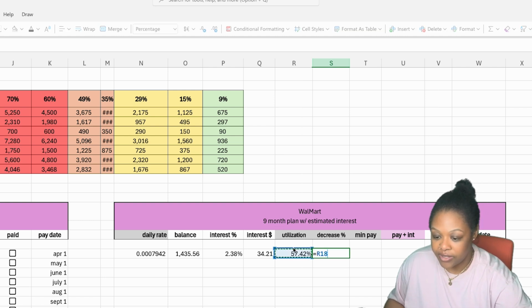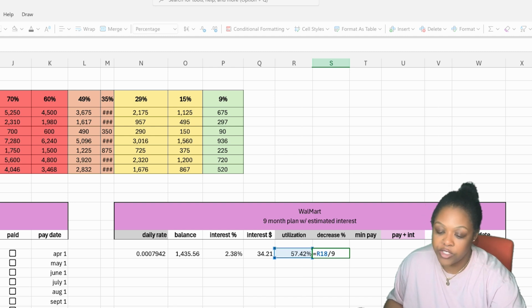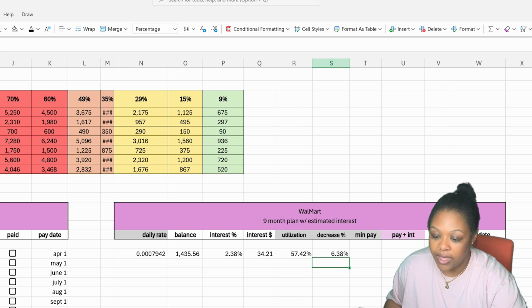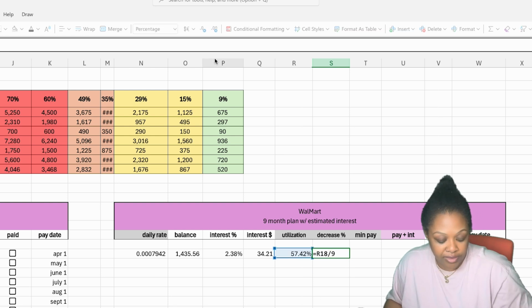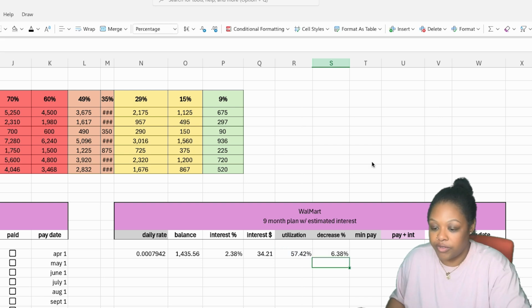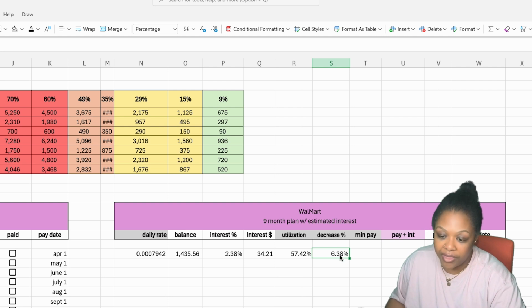We're going to divide our starting utilization by the number of months, the time frame in months, and that's going to give us 6.38%. Let's go back and anchor that reference to the utilization cell, because we always want to reference that. So I need to pay 6.38% a month, every month for 9 months, to get this down to 0.